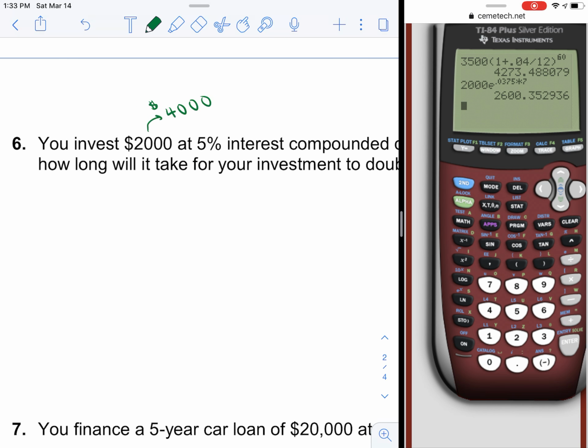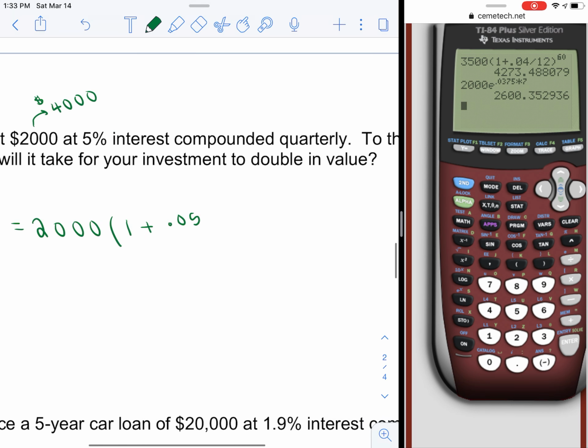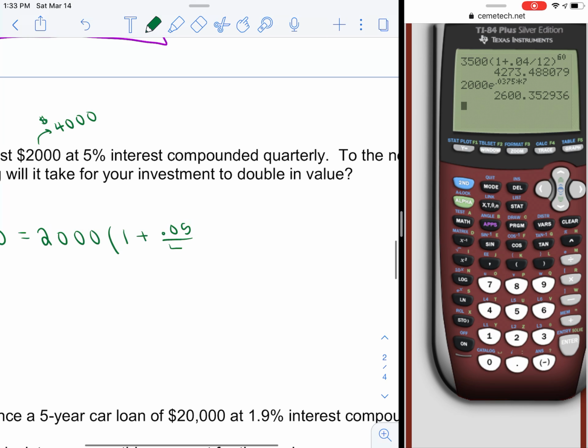So when we set up our formula, we actually want to equal 4,000, and then we're going to fill in what was given. We're given that we start with 2,000, our interest rate is 0.05, but it's being compounded quarterly, which means we want a fourth of this every time we collect interest.